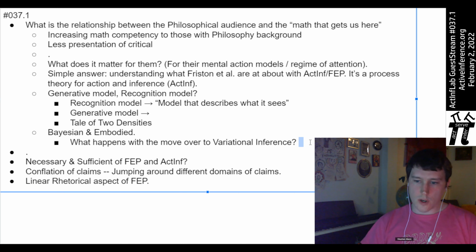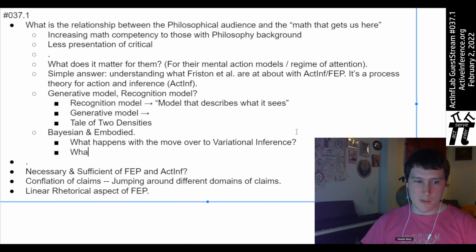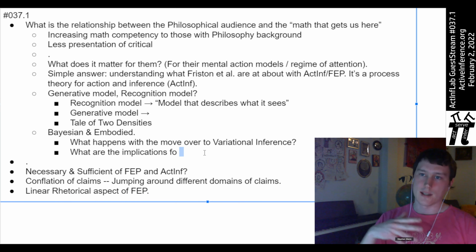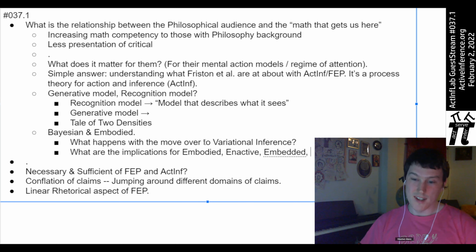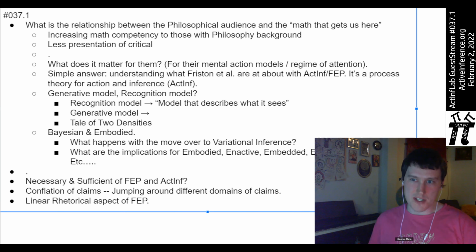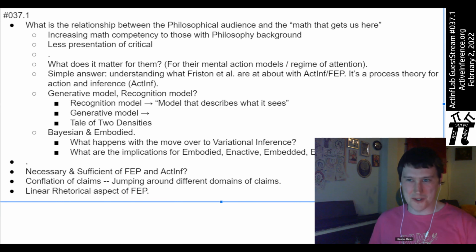That's a difficult one for me to answer, in part because I'm not really part of the tradition that emphasizes embodied and enactive approaches to cognition. The way I was taught it, they were sort of alternatives to the representationalist tradition, and I was much more in the representationalist tradition. So there has been some talk of whether and how free energy approaches support one or the other of those two traditions.